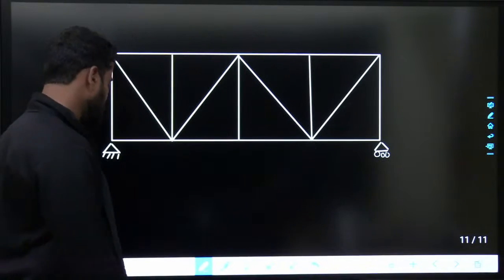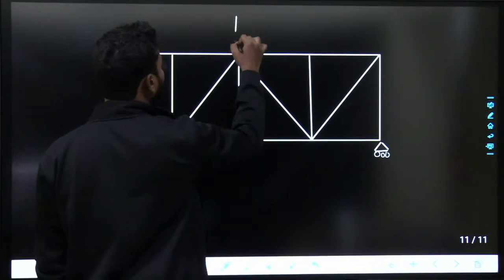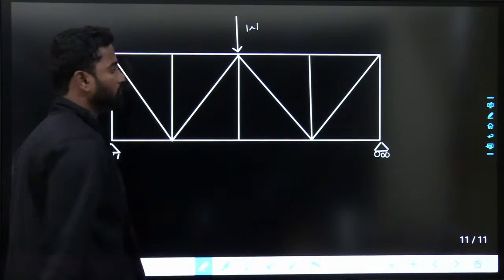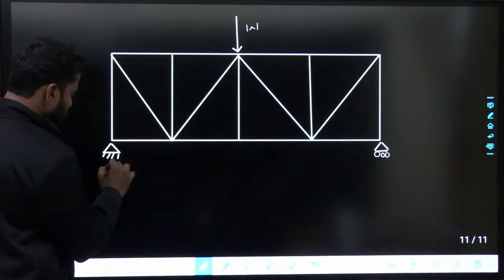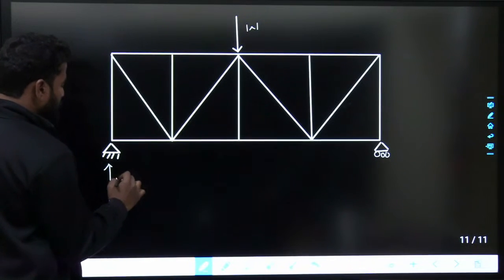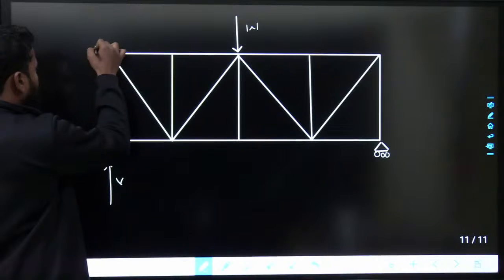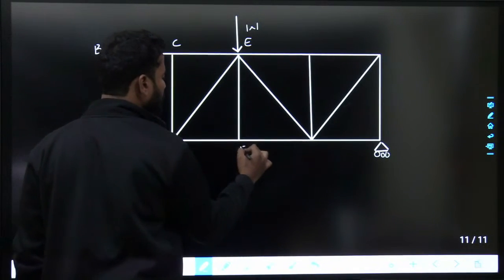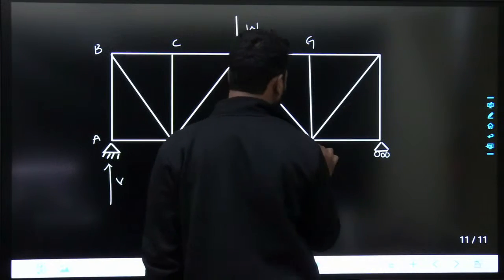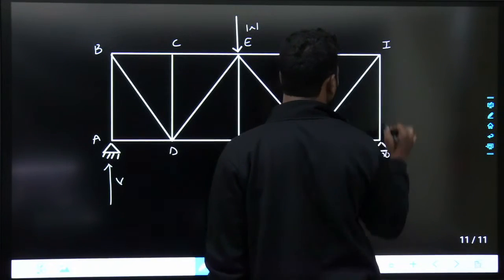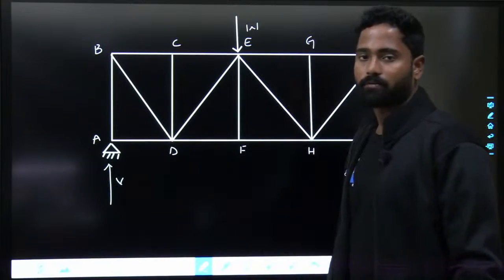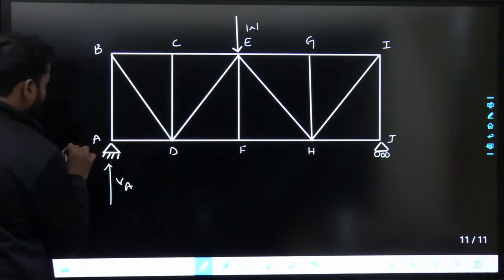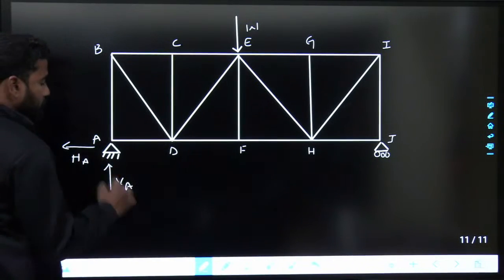The first thing, let us say there is some load W. Fine. The first step is you have to find out the reactions. If I take this as A, B, C, D, E, F, G, H, I, J. Fine. So first step is you have to find out the reactions by considering the equilibrium of whole truss.